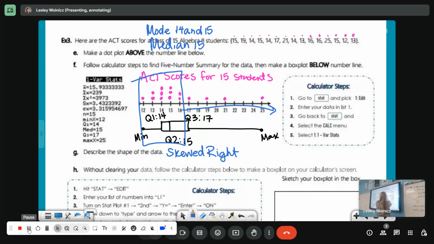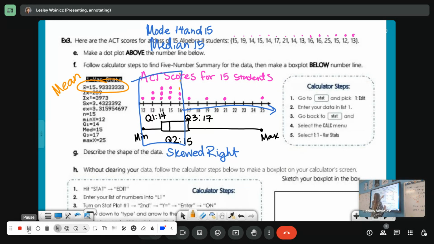Okay, what do you notice about the mean? The mean is this right here. The mean is the average. This is the one where we add them all up and divide by how many there are. The mean is almost 16.